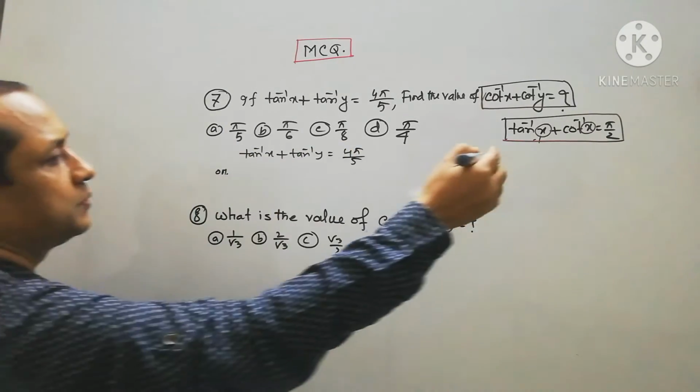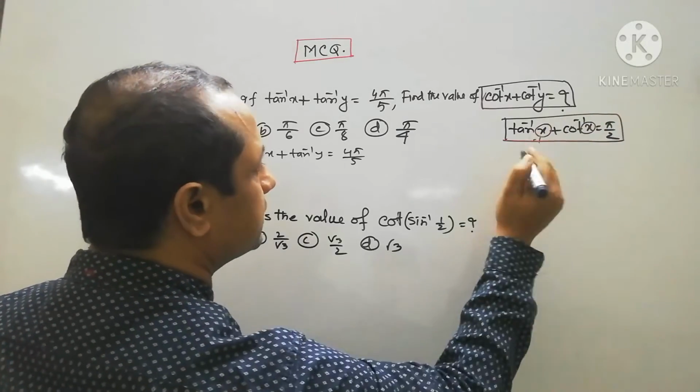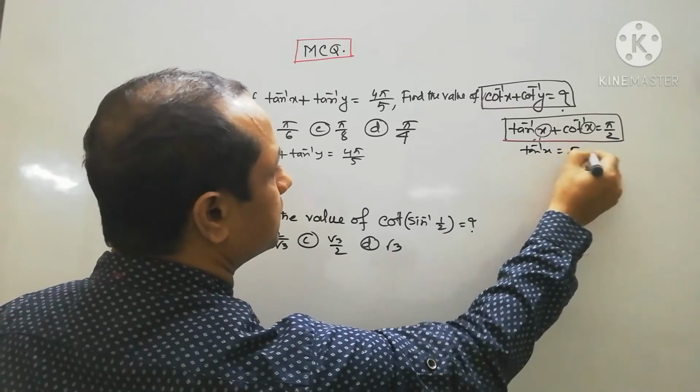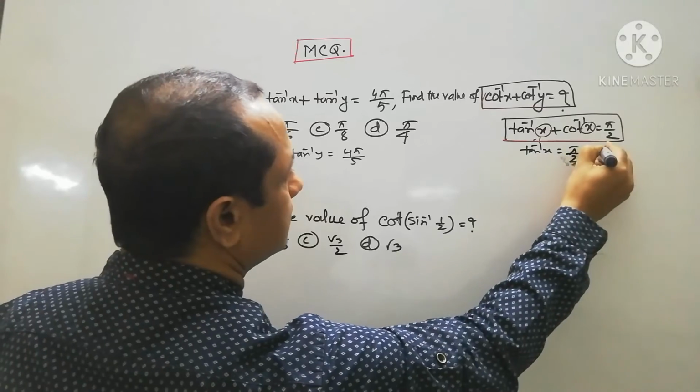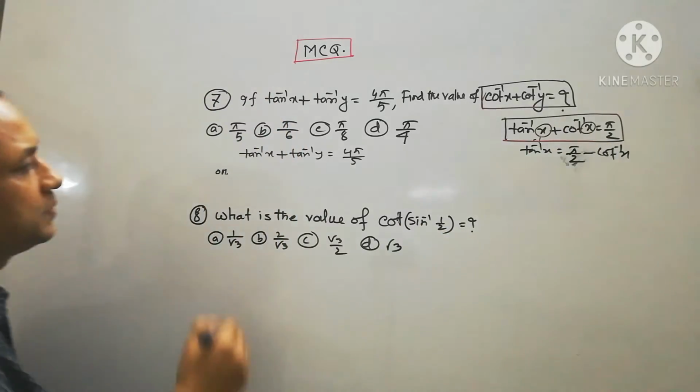Using the formula, tan inverse x equals pi by 2 minus cot inverse x.